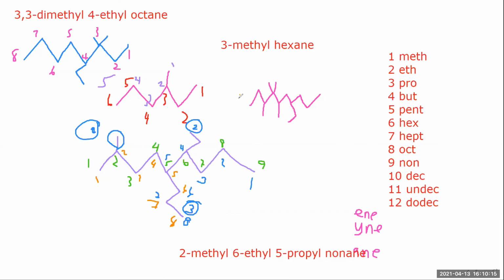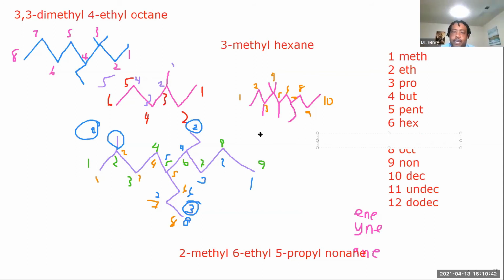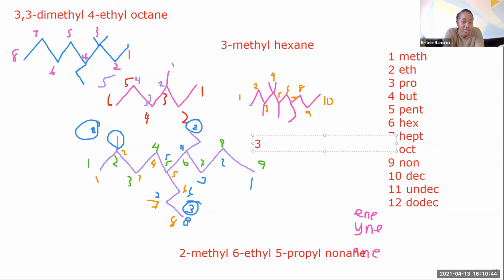Would you say 4, 4 twice for location? Like would it be 3, 4, 4, 5 methyl? Okay, so that's 2, 3, 4, 5, 6, 7, 8, 9, 10. Is that right? Did I count right? Yes, I got the same. I also got what Brittany got. You said 3, 3, 4, 4, 4, 5 methyl.